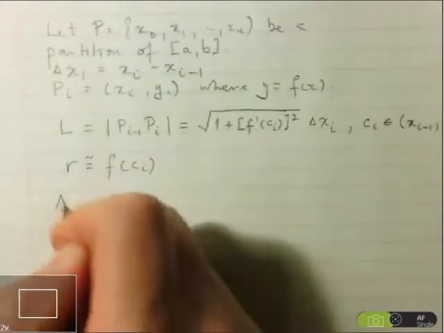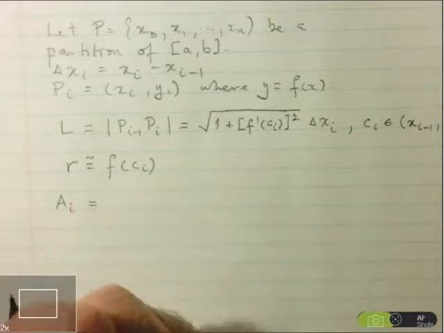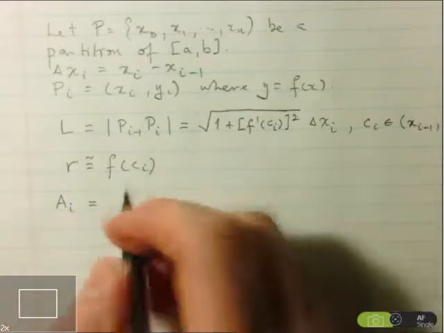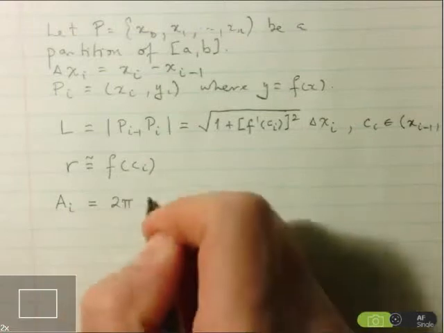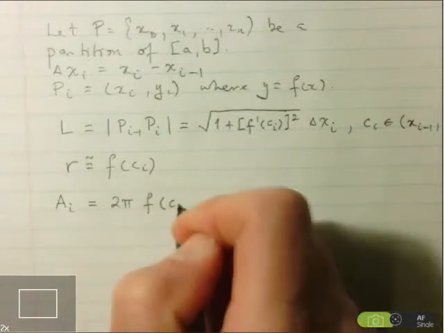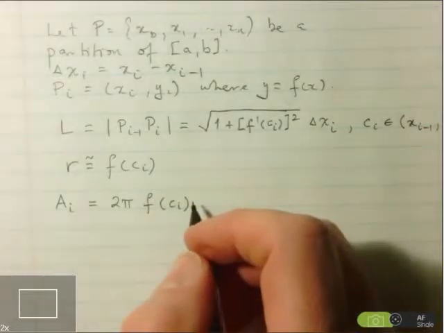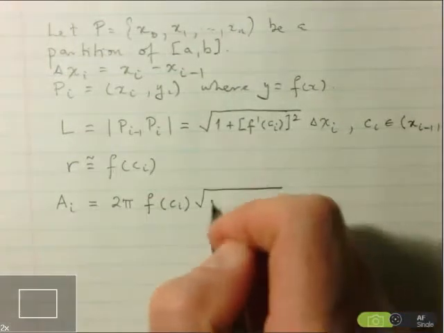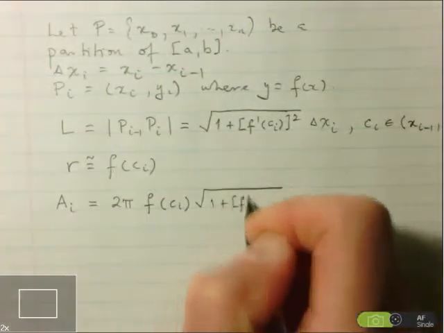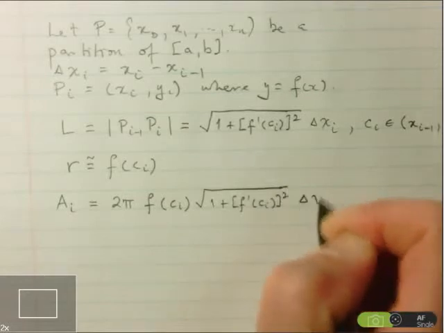So let's bring this all together. The area of one of those frustums for a particular subinterval can be written as 2 times pi, with R again being approximated by f at ci, and we've got L, for which we're using this nice expression, the square root of 1 plus the square of the derivative at ci, times delta xi.